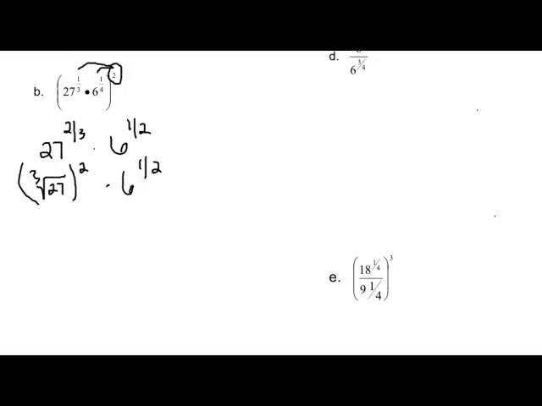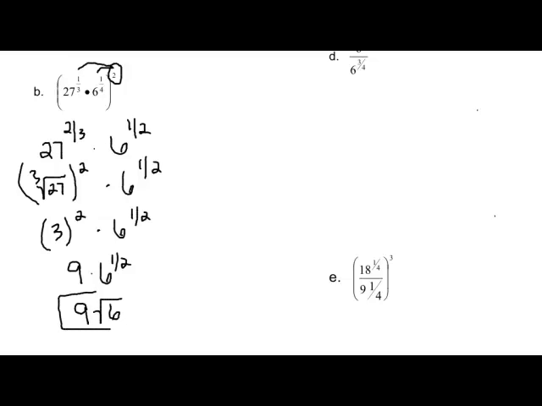Now the cubed root of 27 is 3, so this is 3 squared, and again we still have 6 to the 1/2. 3 squared is 9, so 9 times 6 to the 1/2. You could leave it like this, or we know that the 1/2 power is the square root, so we can write it as 9 times the square root of 6. So that is your final simplified answer.